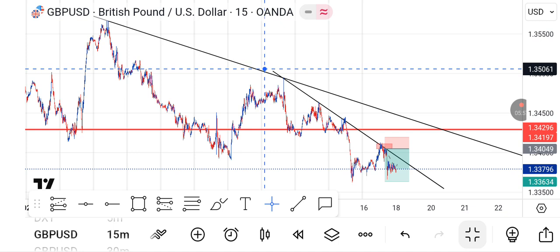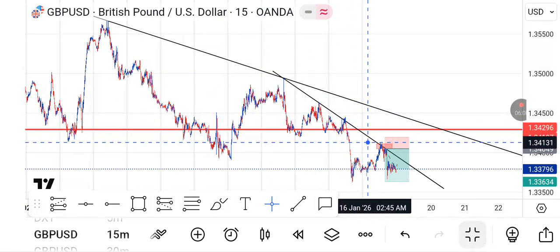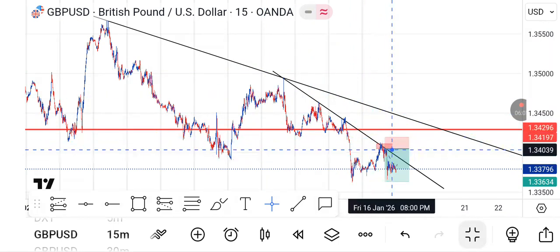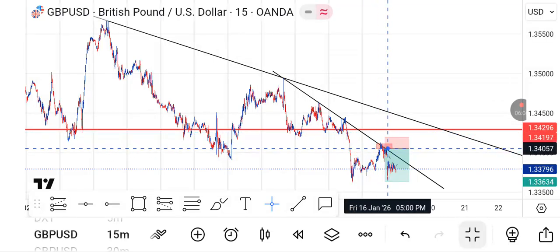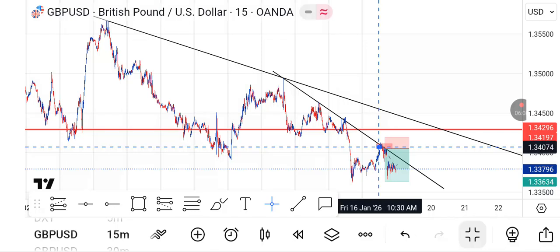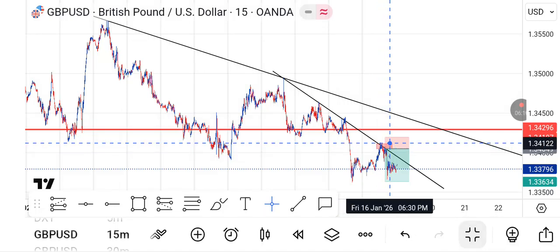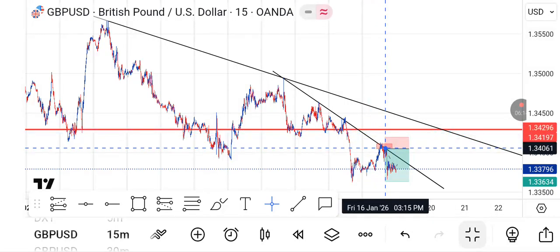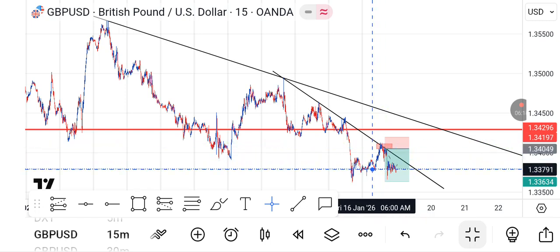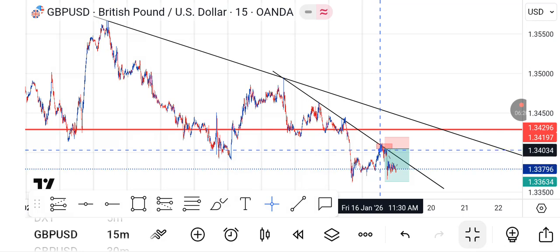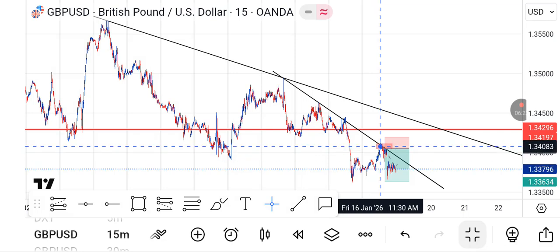So I was telling you guys that I was expecting a sell on this area. Yes, as I said, when you go to my YouTube channel, you will see how I did the analysis. So I was expecting a sell on this area here, and you see when pounds USD came to this trend line area, this is a trend line resistance.